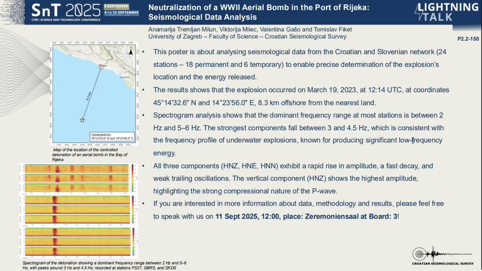I'm going to tell you why studying this explosion is fascinating. Well, because it provides a rare dataset for understanding the seismic signature of underwater blasts. What we did was process waveforms from the Croatian and Slovenian seismological networks, apply spectral and spectrogram analysis, and compare phase arrivals across the network.